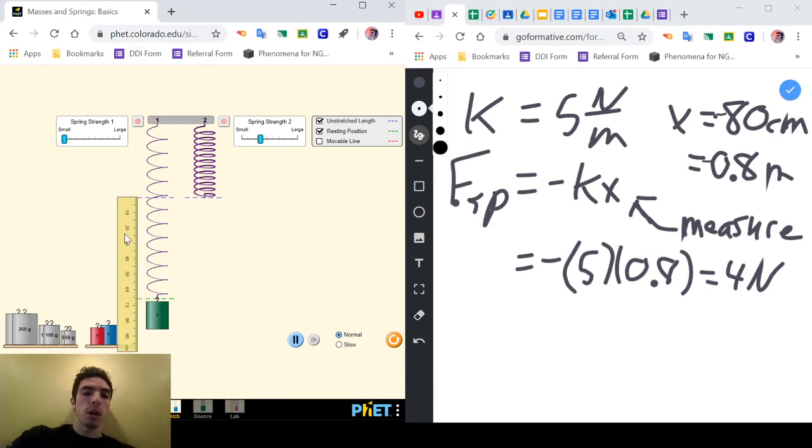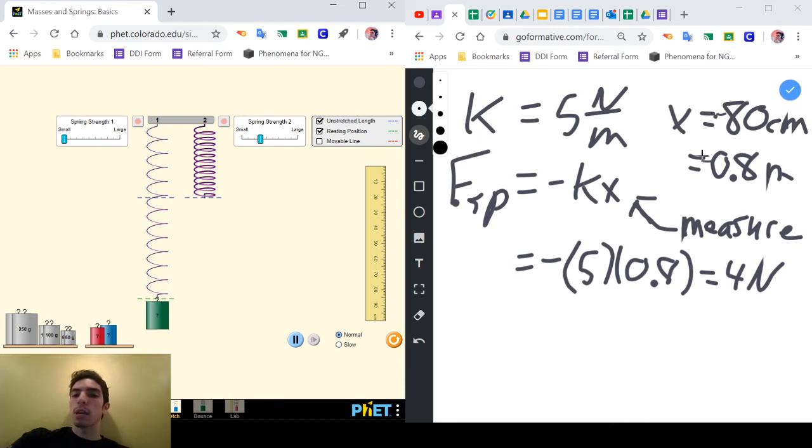If I use my ruler, I can see that this mass has pulled this spring downwards, so that displacement could be negative, and so in the equation I really could have a negative right there, and then you could show the cancellation of those two different negatives so that we get eventually a positive or upwards force, which is what we would expect, 4 newtons as our upwards force according to our free body diagram there.